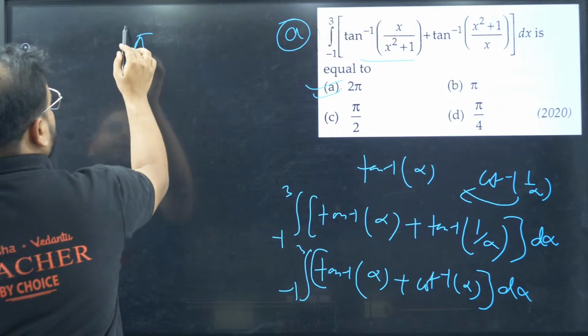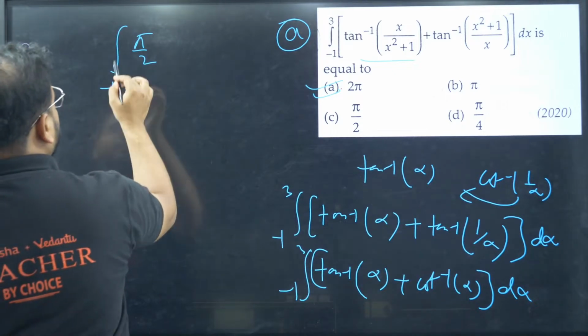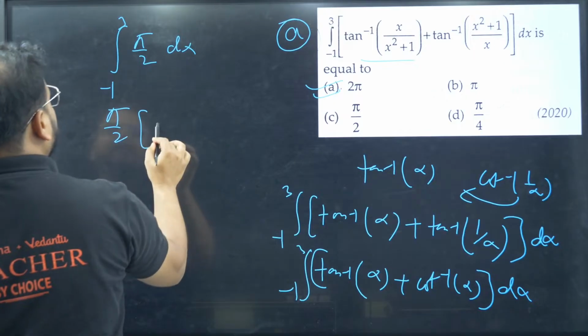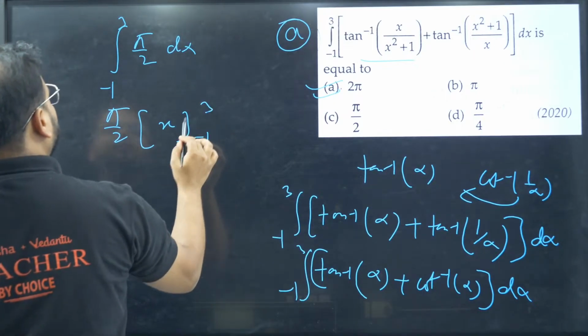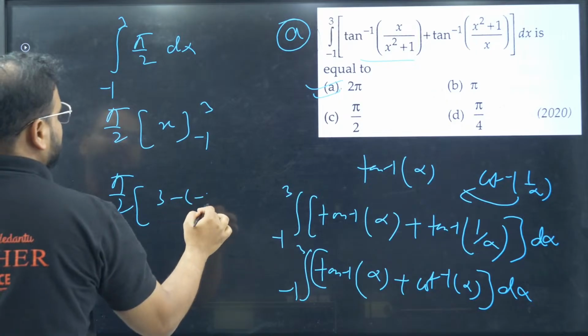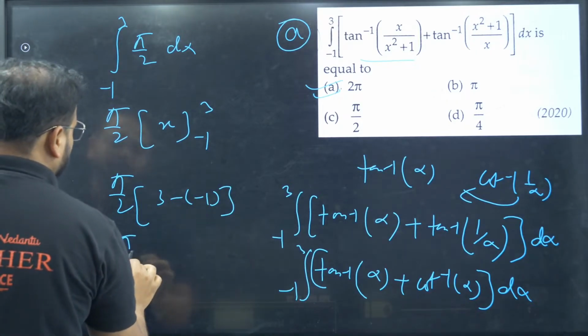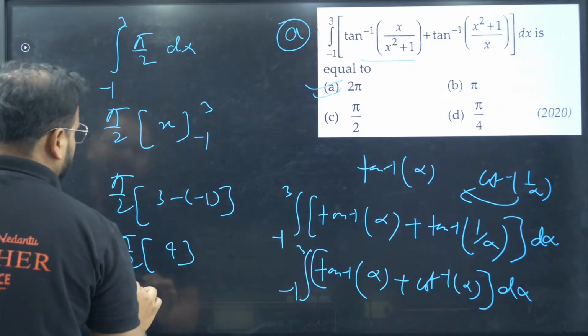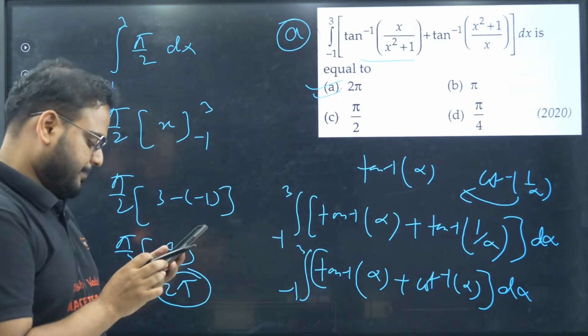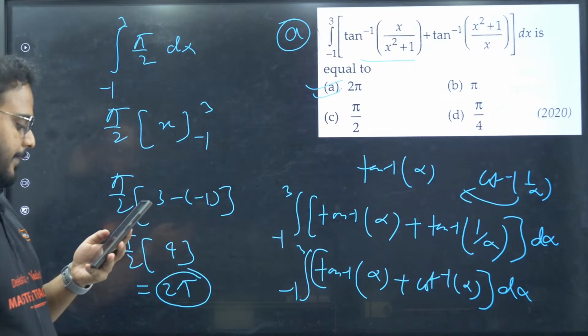Integral of pi by 2 from where to where? From -1 to 3 with dx. Pi by 2 is a constant, keep it outside. We get x from -1 to 3. I have here pi by 2 times 3 minus of -1, so pi by 2 times 4. The answer is going to be what, sir? 2 pi. 2 pi, A is correct. Okay.